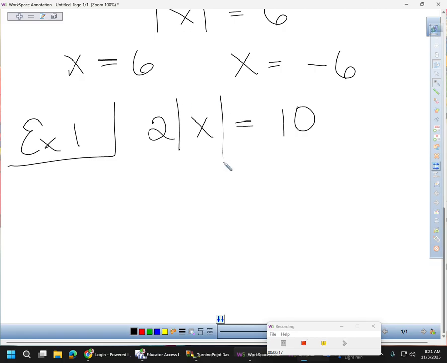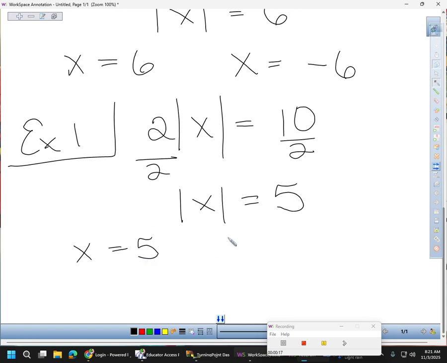The 2 is multiplying it, so to get rid of it, we divide both sides by 2. So I have the absolute value of x equals 5. Now that this side is all by itself, I can take what's inside, the x, set it equal to the positive of the right, and set it equal to the negative of the right.